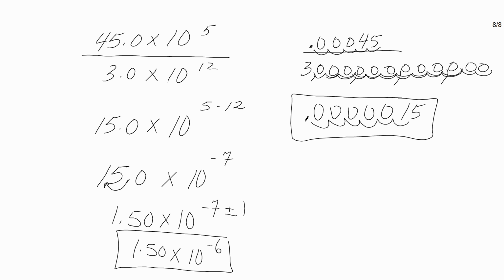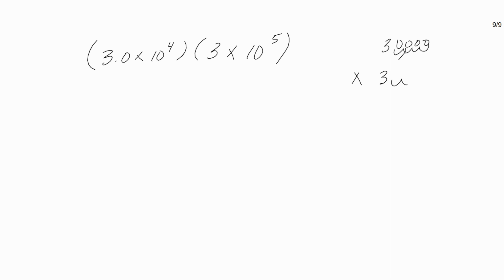For example, you start off simple. 3 times 10 to the 4th times 3 times 10 to the 5th. Now, they're not going to give it to you like that. They're going to give it to you like 30,000 times 300,000.